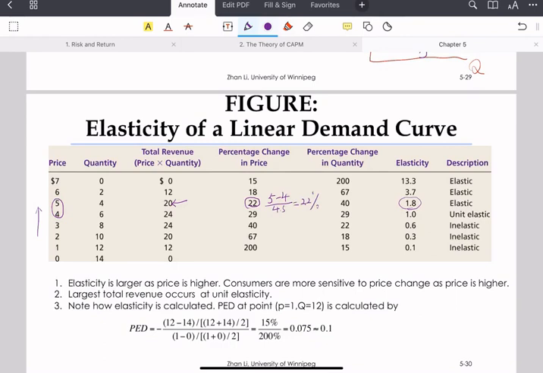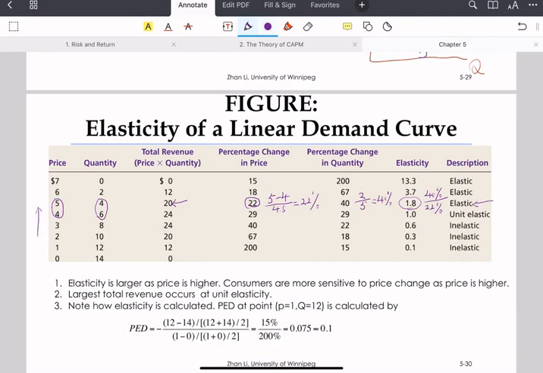For quantity, we are looking at these two numbers. So we have 2 divided by the middle point of 4 and 6, which is 5. This gives us 40%. And to get the elasticity, it's the percentage change in quantity divided by the percentage change in price. This gives us 1.8.